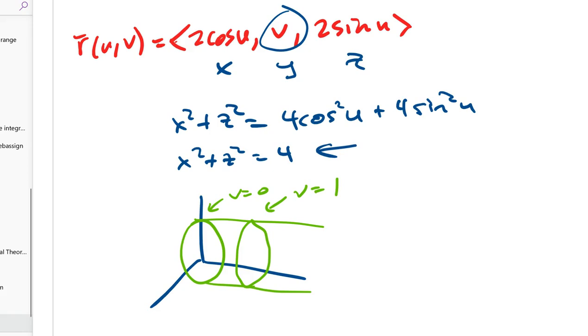When v is 1, this is y, right? So y is 1, y is 0. These are planes. So let me draw this a little better. So then another circle when v is 2. Okay? So it looks like we're mapping out a cylinder here.